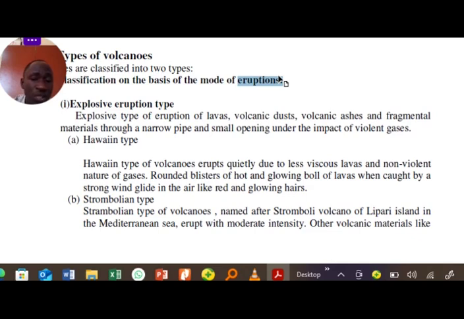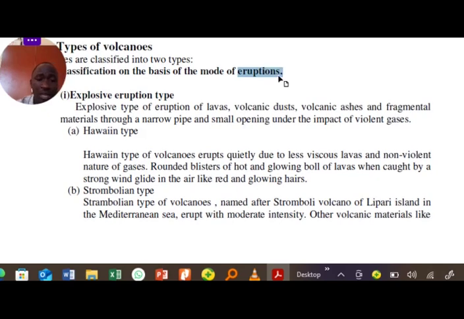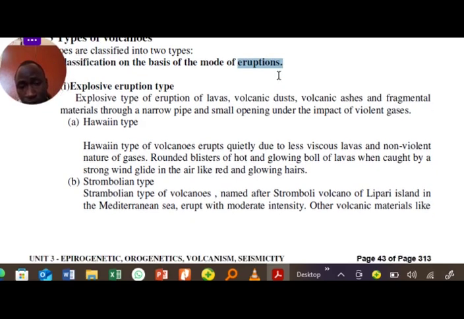These ones are not violent in nature. They flow with ease and they are not actually violent.